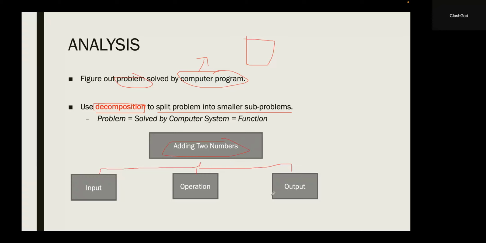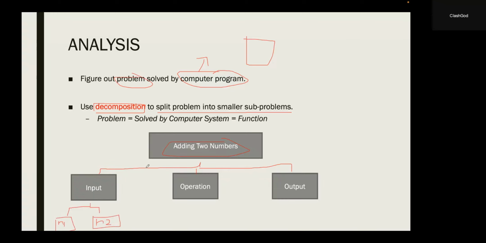Now these smaller problems can actually be split into more problems. For example, in the input, now the problem is to input 2 numbers. Then we can split it into input number 1, and we input number 2. So we input 2 numbers.